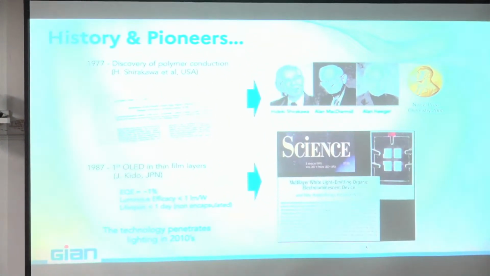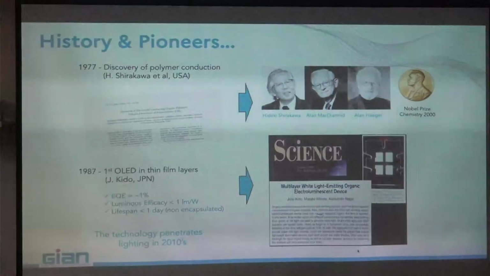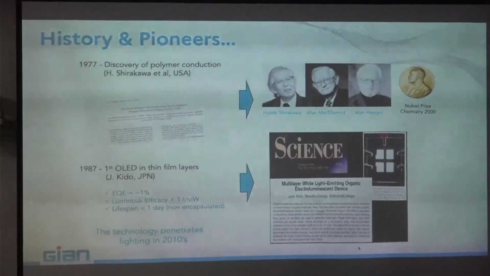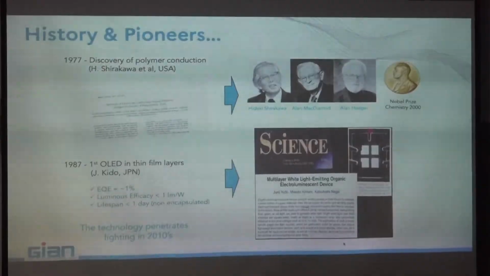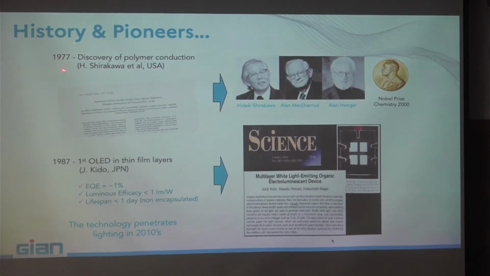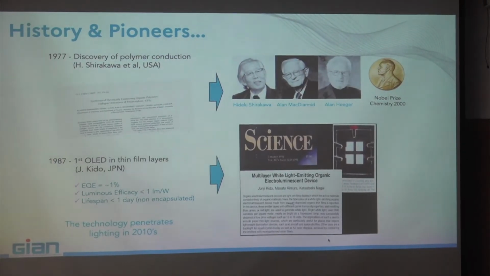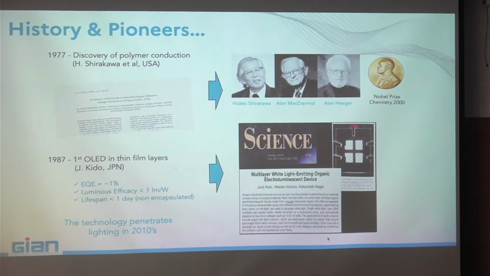In fact, as I told you, plastics are insulators, but not all plastics. What we call conjugated polymers, discovered in 1977 by Shirakawa and others, are semiconductors.